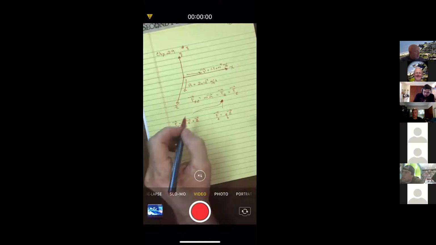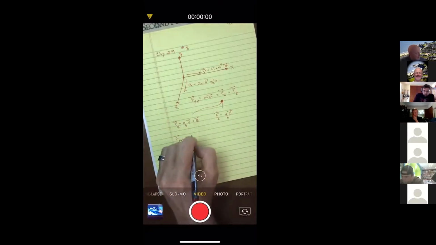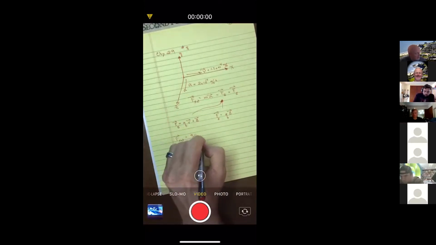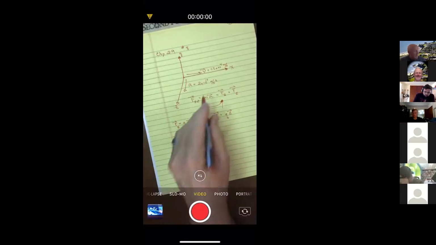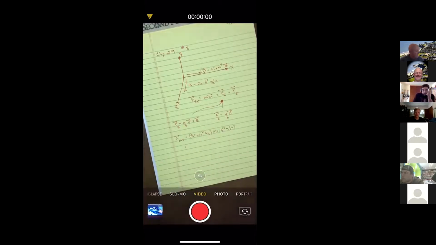In fact, I think I'm going to even calculate the net force, because I know the mass of the electron is 9.11 times 10 to the negative 31 kilograms, and the acceleration is this 2 times 10 to the 12th meters per second squared.